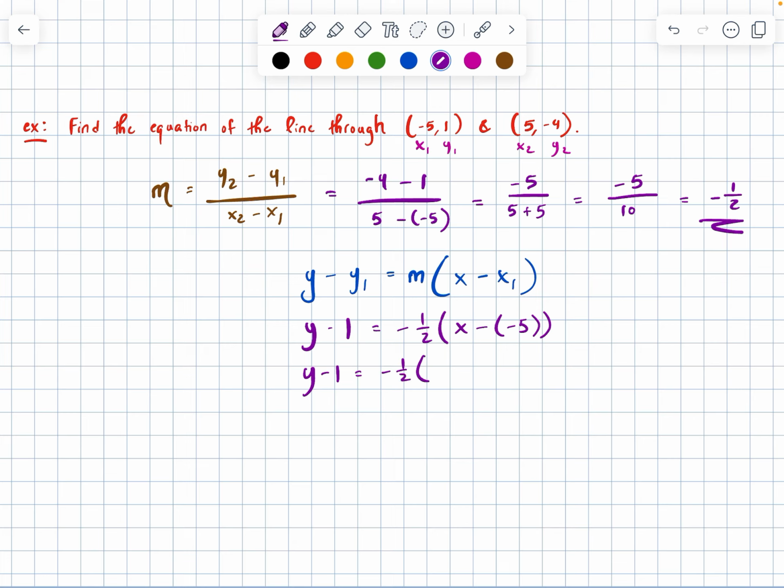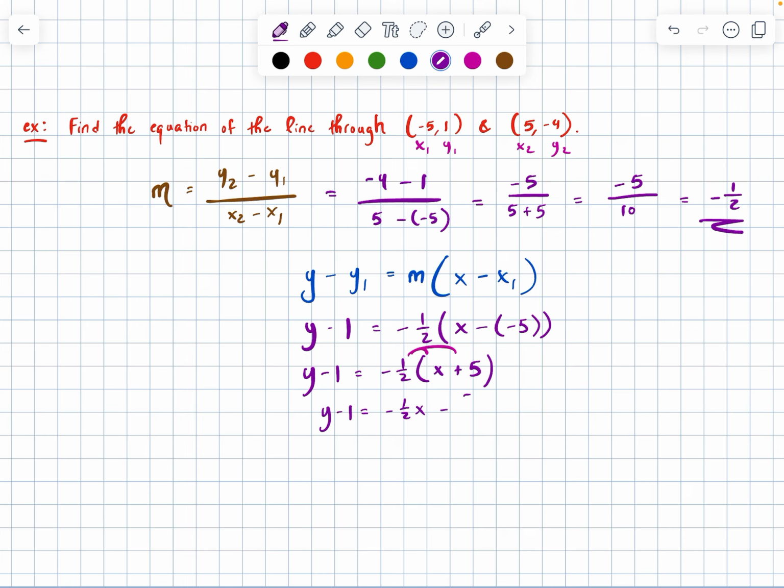Simplifying here on the right side, I've got -1/2 times x plus 5, right, again, minus a negative becomes a positive. Let's distribute our -1/2. So that's going to give me y minus 1 equals -1/2 x.